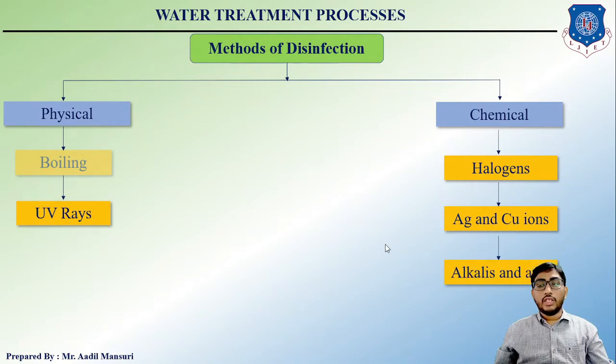Talking about silver and copper ions, silver ions are bactericidal, though they are neither viricidal nor cysticidal. And then there is the last one, that is alkalis and acids.